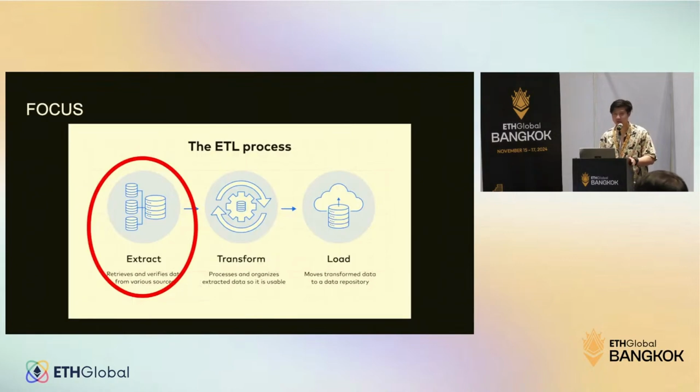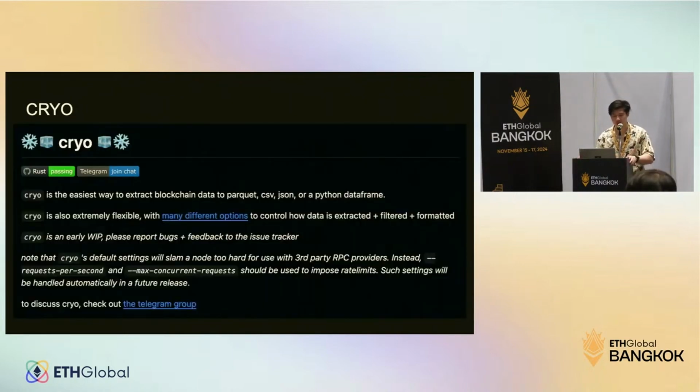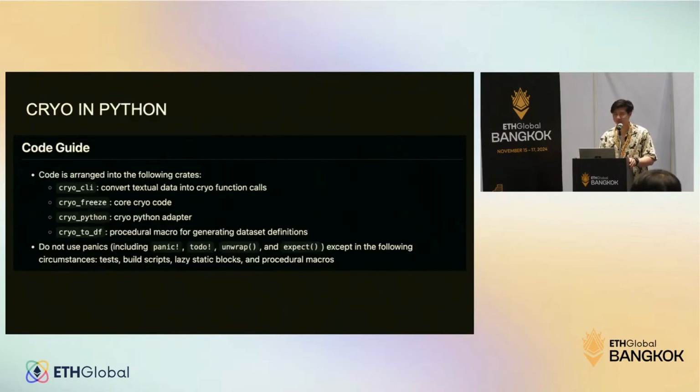So yes, we'll be focusing on the extract side of the pipeline for the time being: Cryo, packaged as a binary to extract blockchain data into a variety of formats. There's Parquet, there's CSV, there's JSON, and your analysis is just like a pandas data frame, for any of you who've done any sort of data analysis in Python. This brings up a lot of possibilities because the main backend of Cryo is written in Rust.